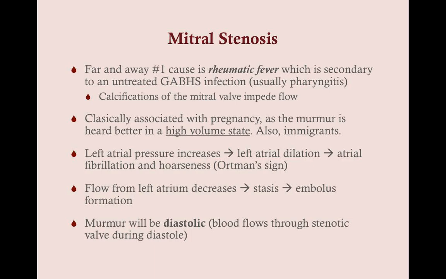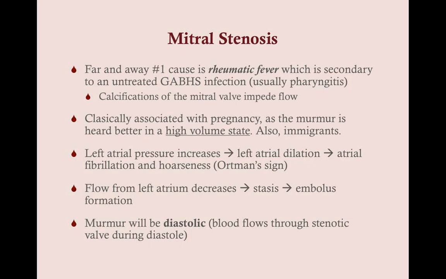When you develop rheumatic fever, you get calcifications of the mitral valve, and those calcifications are going to impede flow through the mitral valve. So what you get is a buildup of blood in the left atrium. And as you can imagine, if you get a buildup of blood in the left atrium, you're going to get left atrial hypertrophy, left atrial dilation.